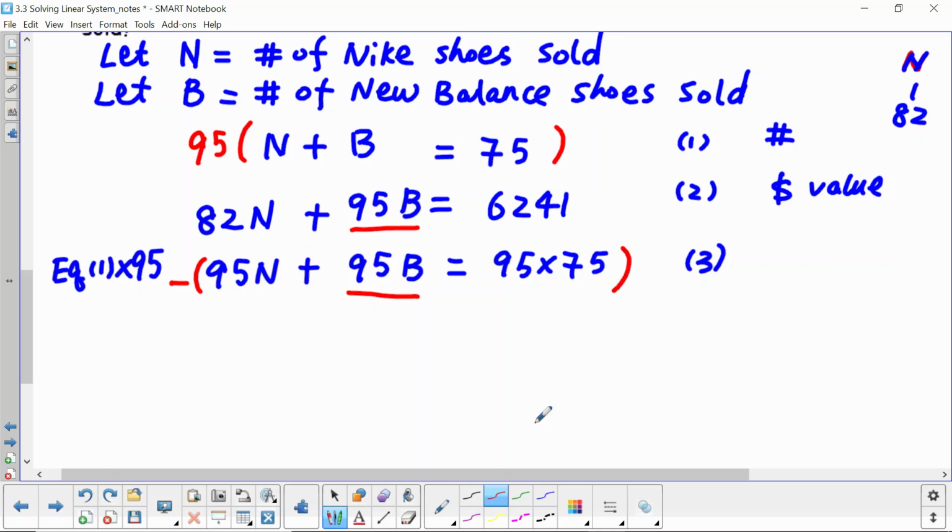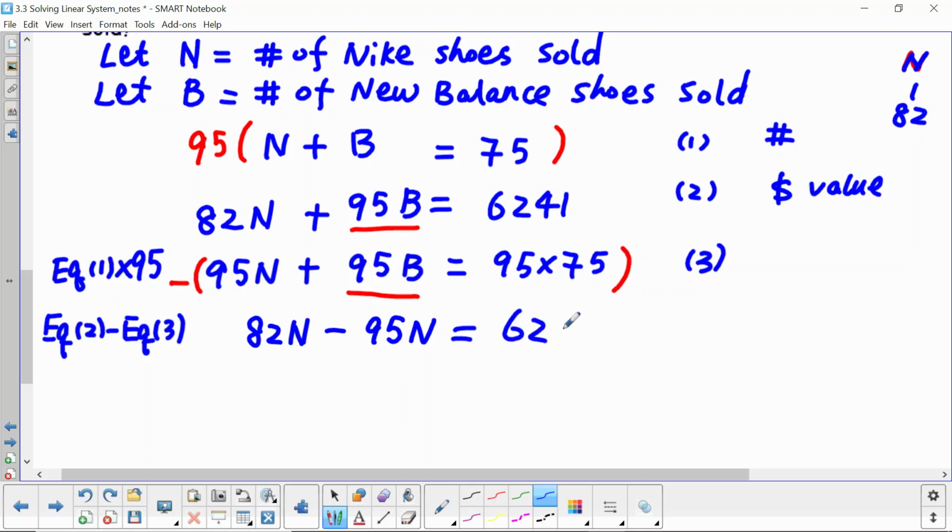Then 95 minus 95 will give you 0. So equation 2 minus equation 3. Equation 2 minus equation 3, then it will be 82n minus 95n, then equals 95 times 75.